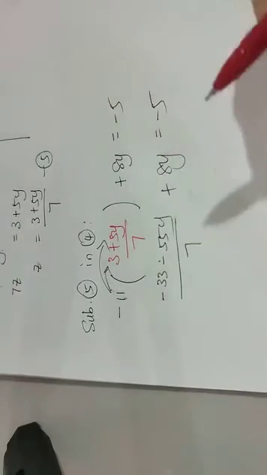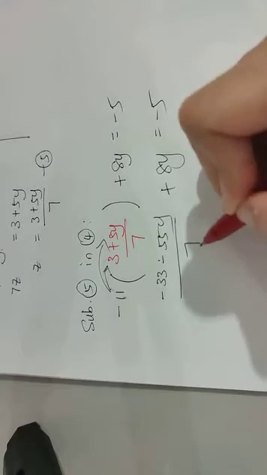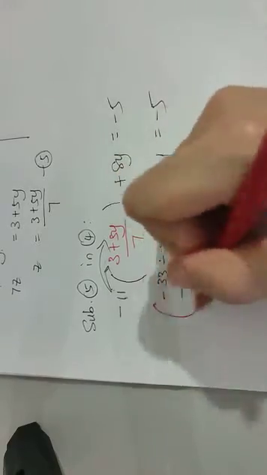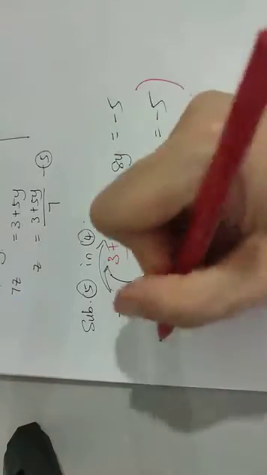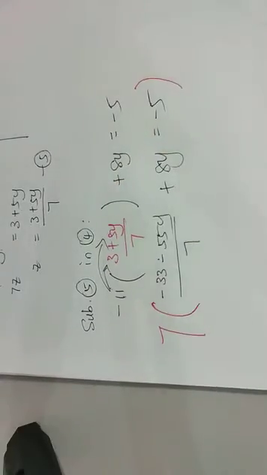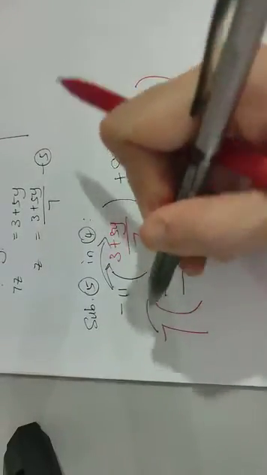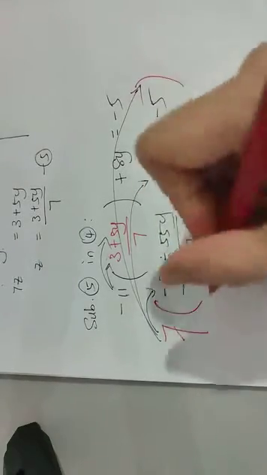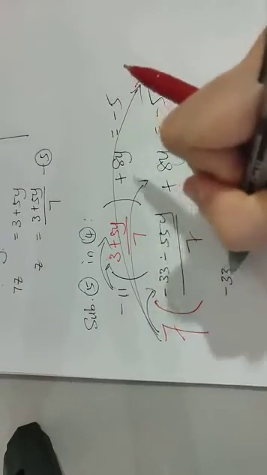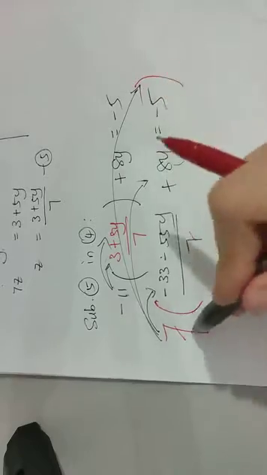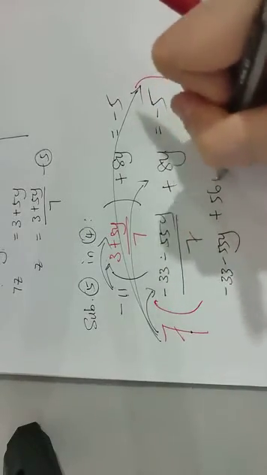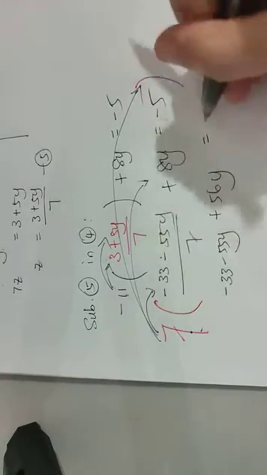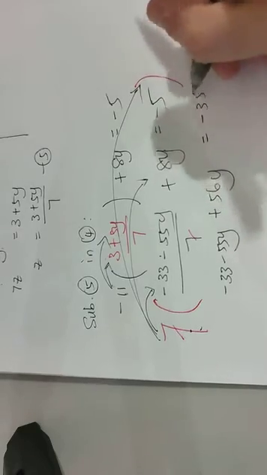When it comes to fractions, it's quite troublesome, so you remove it by multiplying by 7 for all terms. The 7 cancels here, so you are left with negative 33 minus 55y, plus 56y, equals negative 35.